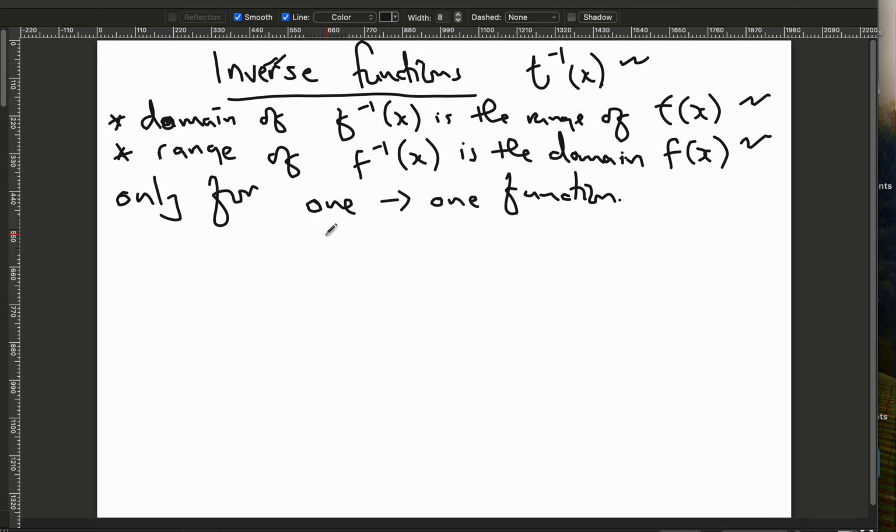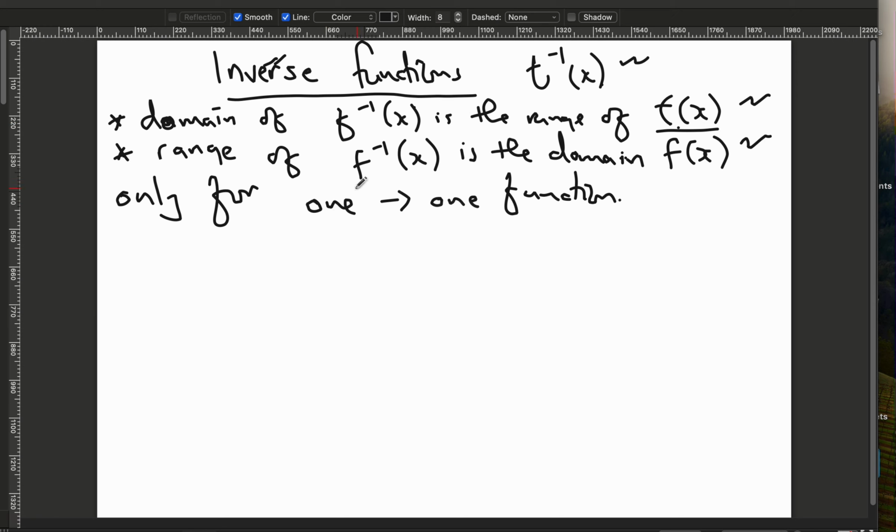Because when we have the inverse, it is supposed to be perfect for the original function. You get the point? From this end, I'm supposed to be able to get to this end, and from this end, I'm supposed to be getting to this end.